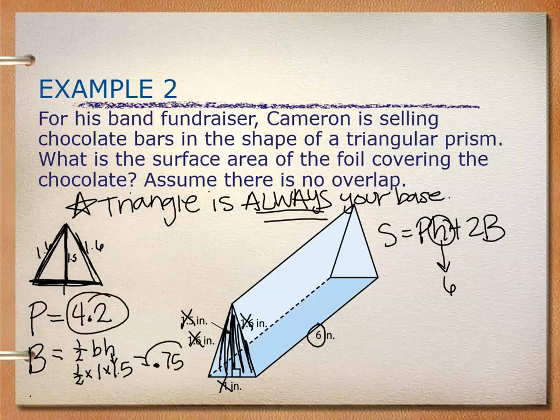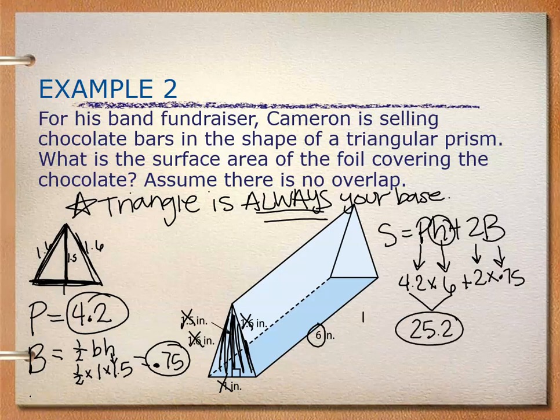After you have your big P and your big B, you go back over here and plug it in. So my big P was 4.2 times 6. My big B is 0.75. Alright, we're going to solve this first. 4.2 times 6, 25.2.